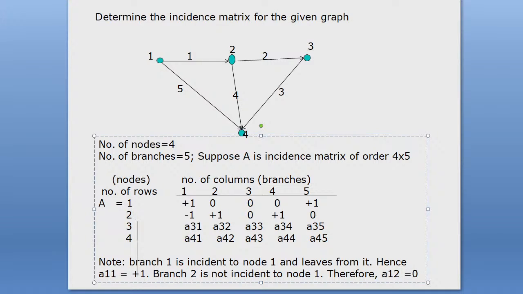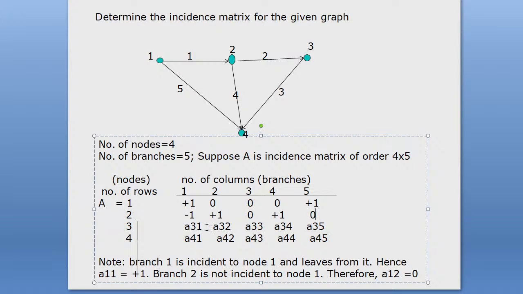For example, third row: A31, A32, A33, A34, A35. Then you calculate A41, A42, A43, A44, A45. So now let me write it here.